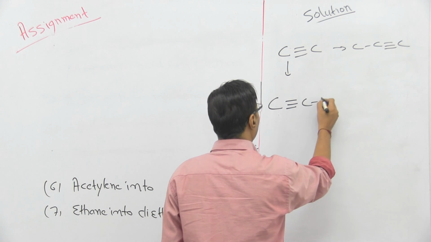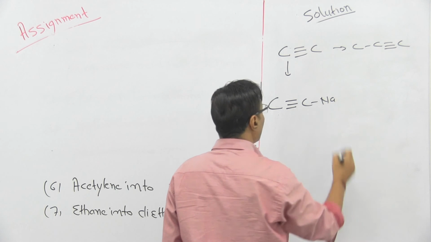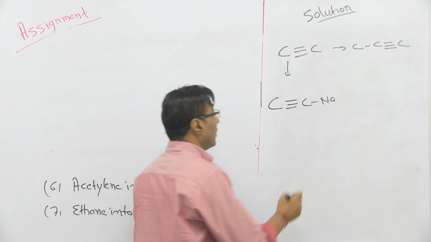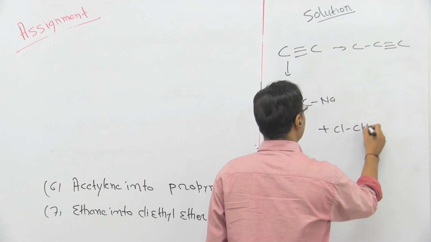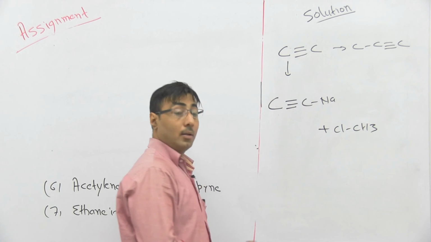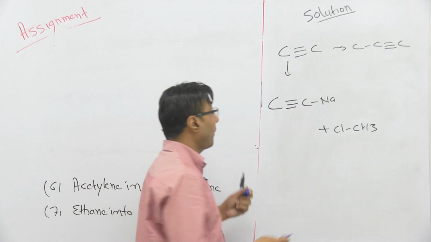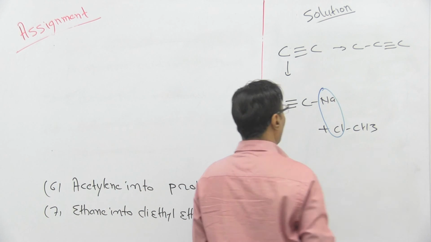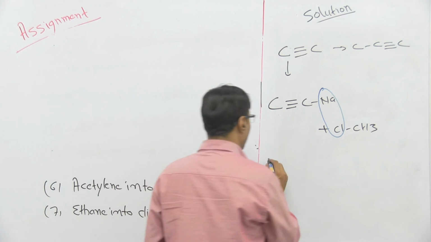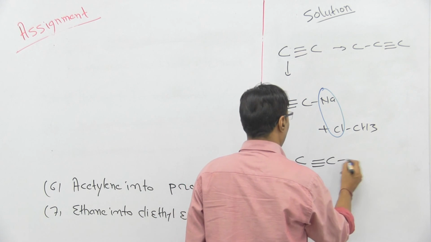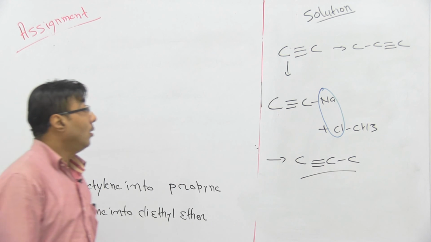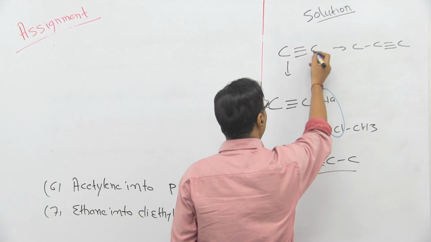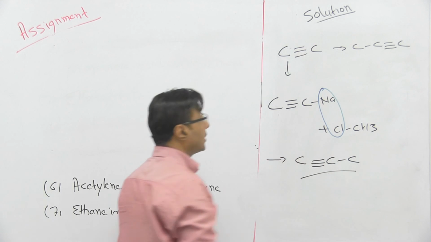We are going to convert this compound into sodium salt. Then this sodium salt will combine with CH3Cl and we will get the compound C triple bond C single bond C. So this is the acetylene.